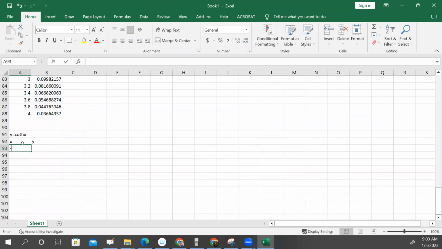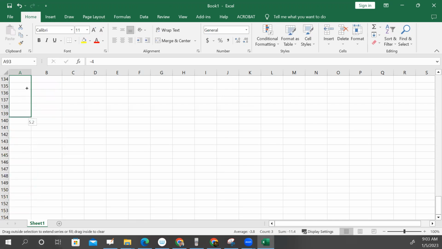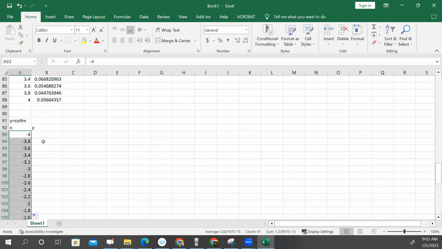The x values I will take... okay, and then let's give the y value.